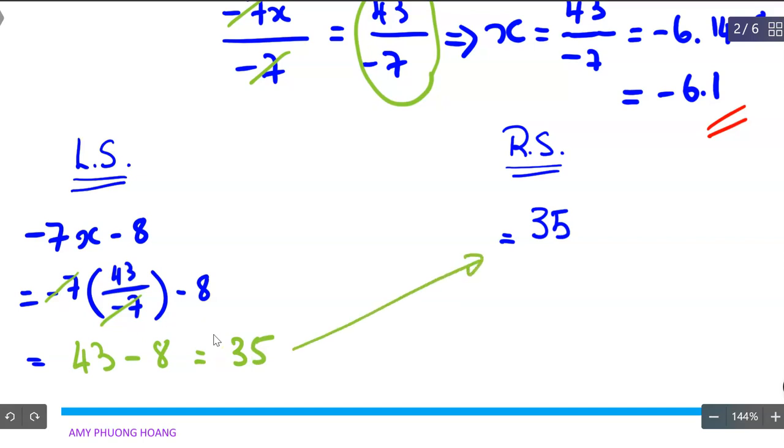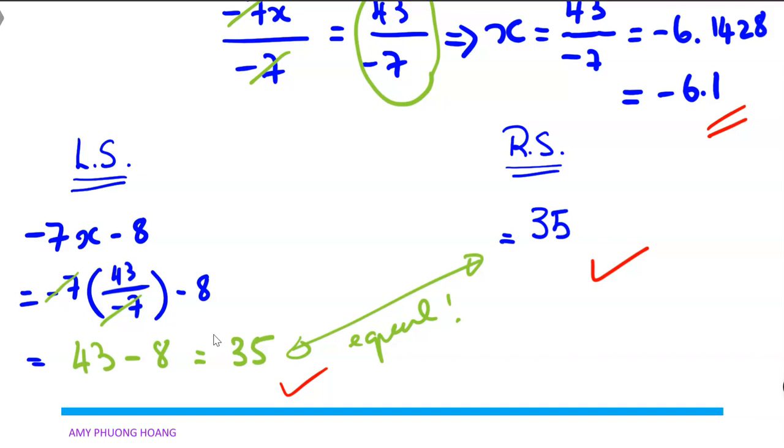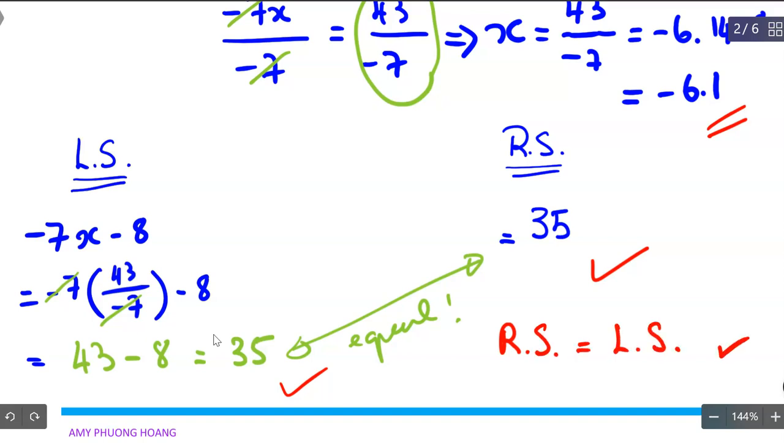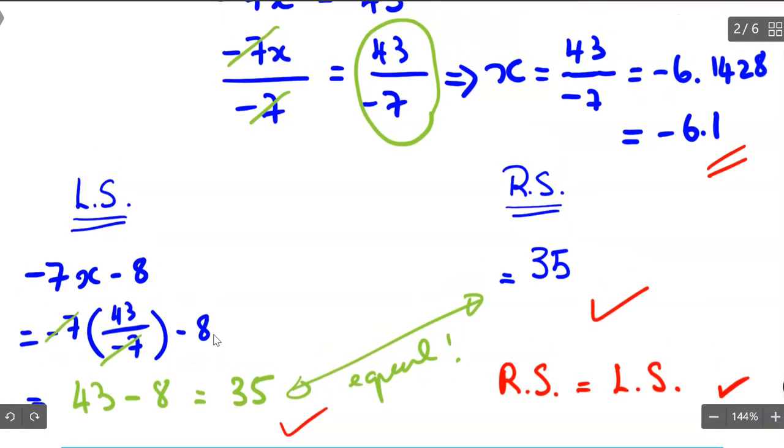Okay, so this and this is actually equal to each other. Right? So then I achieve the purpose that I check both sides of the equation. And I have left-hand side equal to the right-hand side. Okay. So the solution should be equal to negative 43 over 7.